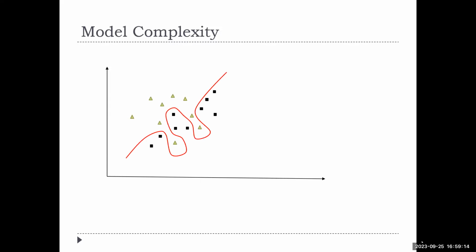But this is a very complex hypothesis because it goes up and down, up and down. But if you draw a simple hypothesis, a single line like this, what's the accuracy? It makes some mistakes, right? But it is still good enough.